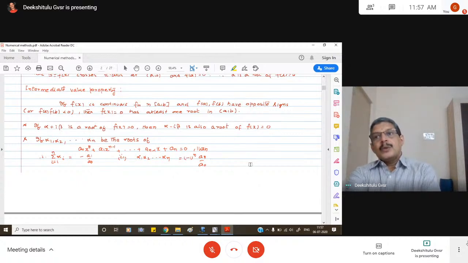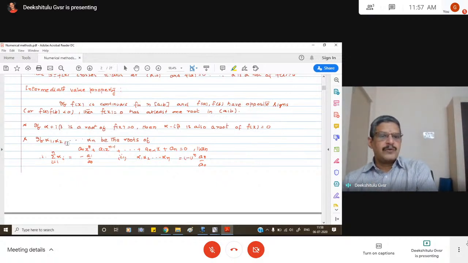No. Say for example alpha1 + i beta1 is a root, then obviously alpha1 - i beta1 is also a root. Two roots are completed. The third one cannot be a complex number. It must be a real number. Why? If it is a complex number, its conjugate also must be a root, but we have only three roots. We don't have room for a fourth root. So the third root must be a real number.